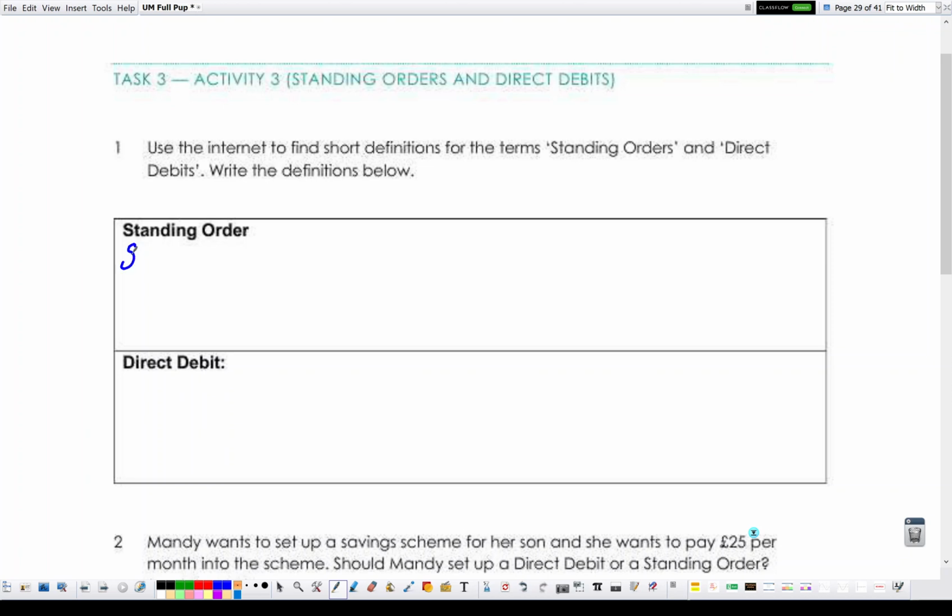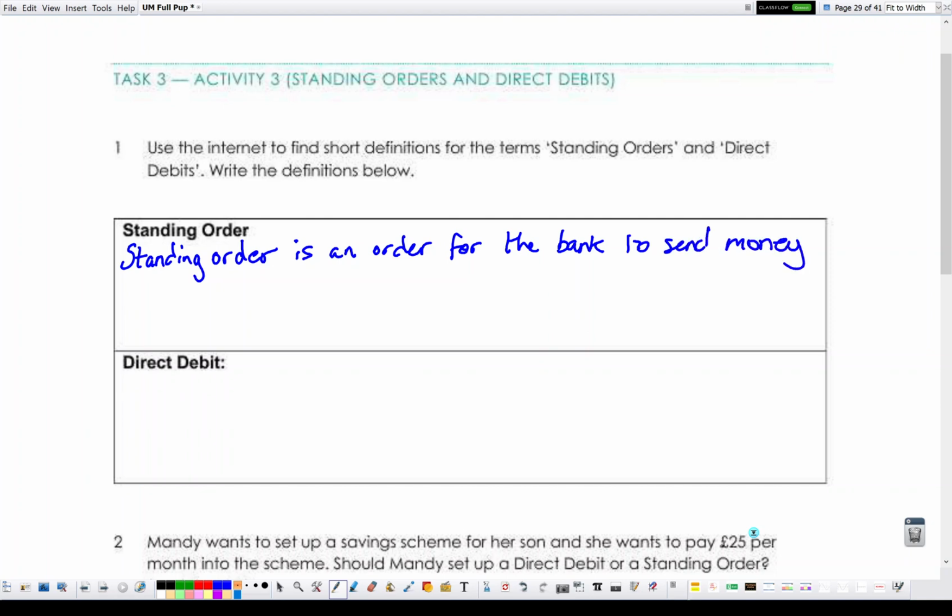So a standing order is basically an instruction for a bank to send another account a certain amount of money in regular payments. So a standing order is an order for the bank to send money to another account in regular payments.